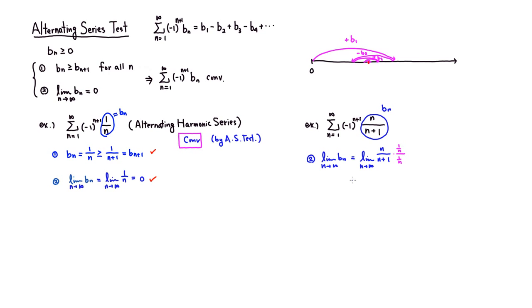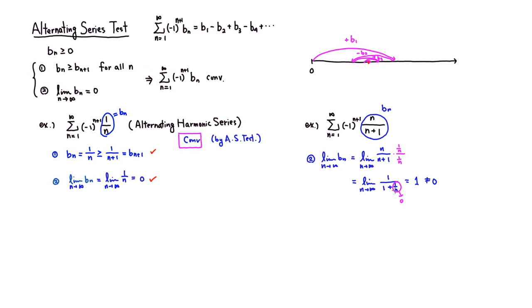Then n divided by n is 1, n plus 1 divided by n is 1 plus 1 over n. As n approaches infinity, 1 over n approaches 0, so what's left is 1 over 1, which is equal to 1. This is not equal to 0, so it violates the second condition of the alternating series test. We cannot use the alternating series test to conclude that it's convergent.